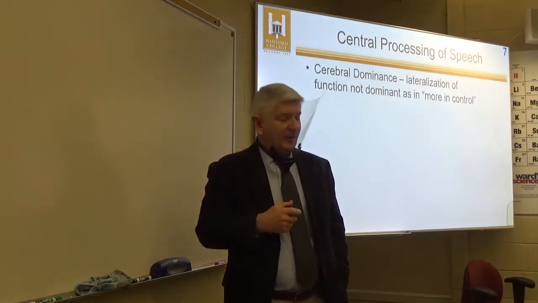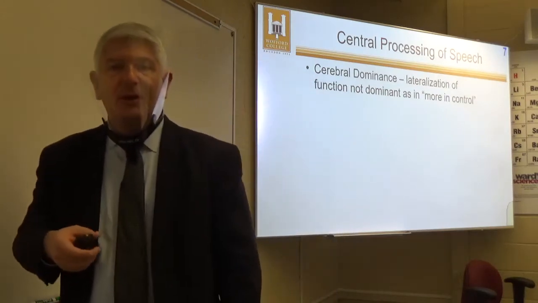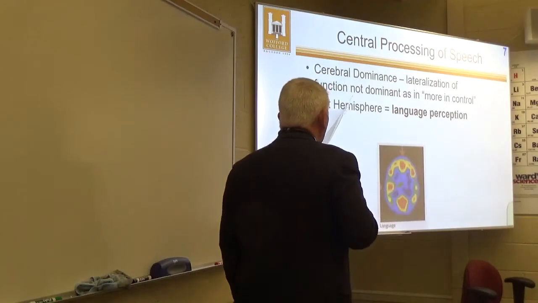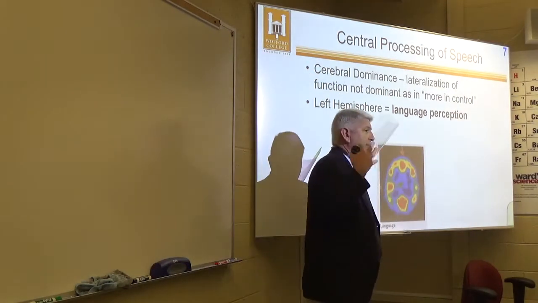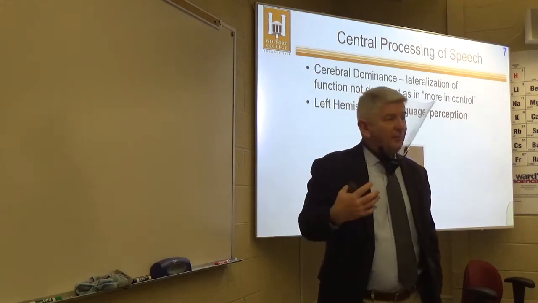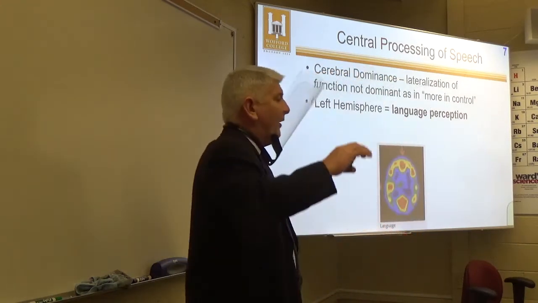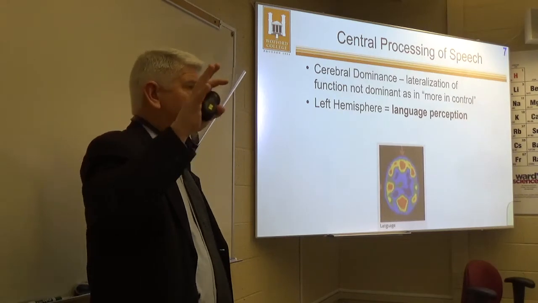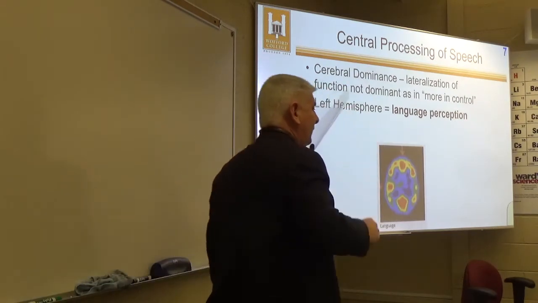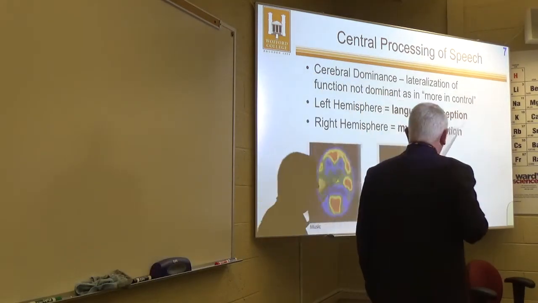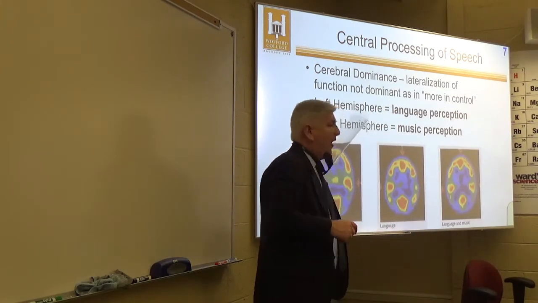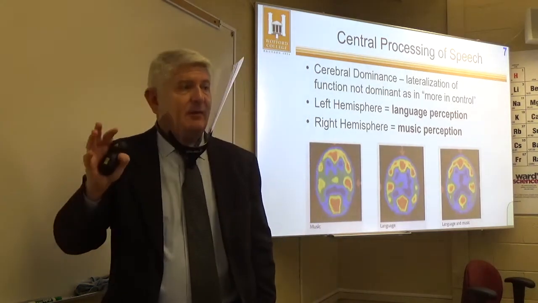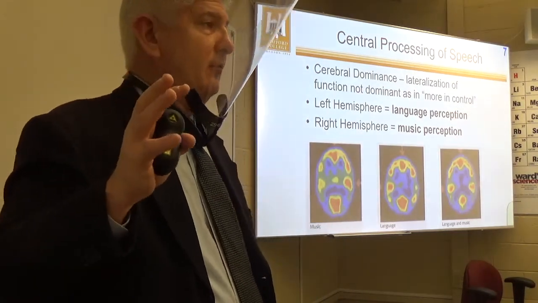All right, so we talked about where this is happening in the brain, and it's a lateralized function, so it's happening in the left hemisphere, 90% of people, in that junction of the occipital, parietal, temporal lobe that we call Wernicke's area. And other perceptions of sound that are not language are happening in the right hemisphere.